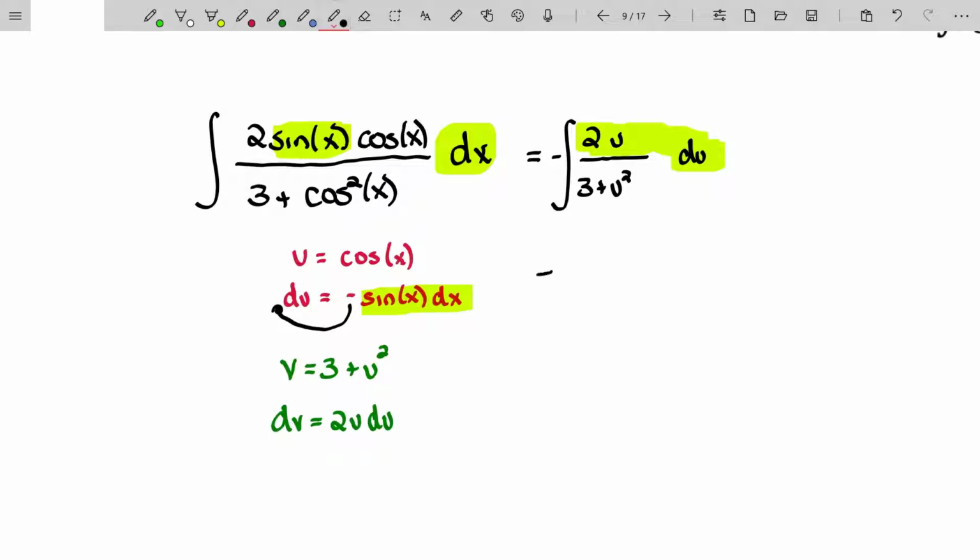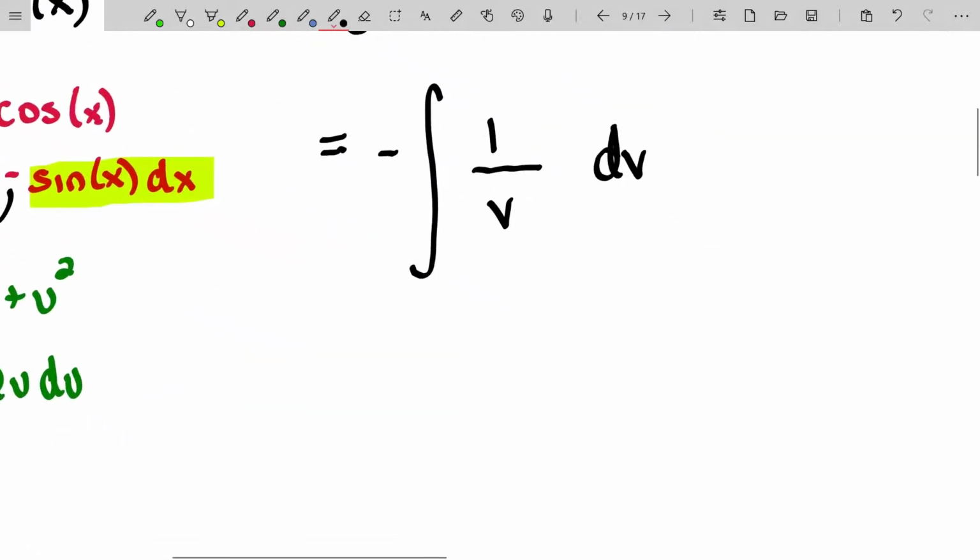So this will be a negative integral. The 2u du gets replaced by a dv, and we'll just have a 1, simply a 1 upstairs. Downstairs we have a 3 plus u squared, but that is called v. And you look at this and you say, I could totally integrate this, and you can. This becomes the negative natural log of the absolute value of v, and then plus c.